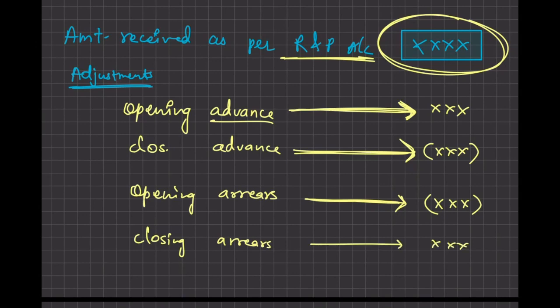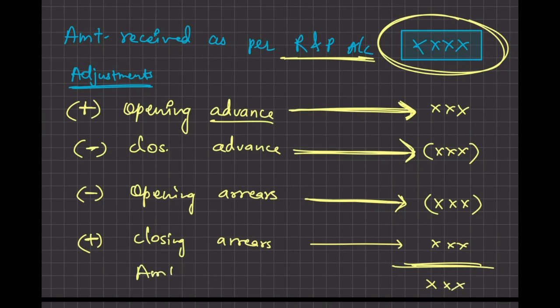So the formula becomes plus opening advance minus closing advance minus opening arrears plus closing arrears, and whatever figure you get, that would be the amount to be transferred to income and expenditure account.